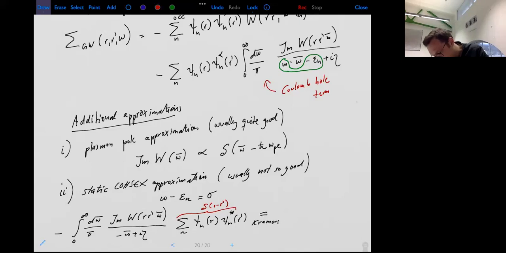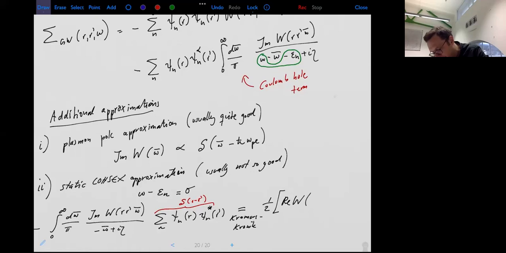By the Kramers-Kronig relation, one can show that the integral just becomes a half, the real part of the interaction evaluated at zero frequency minus the bare interaction, and then we still have our delta function.